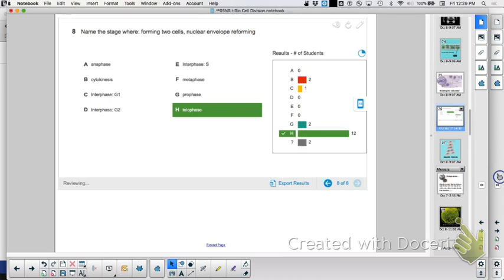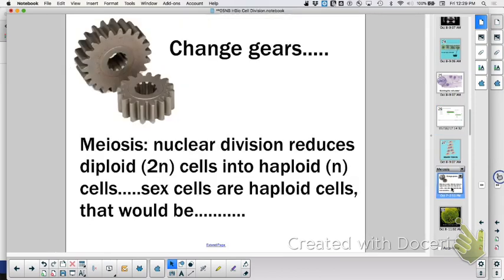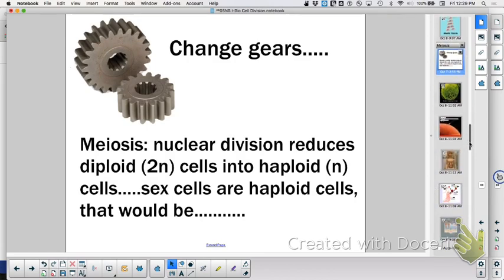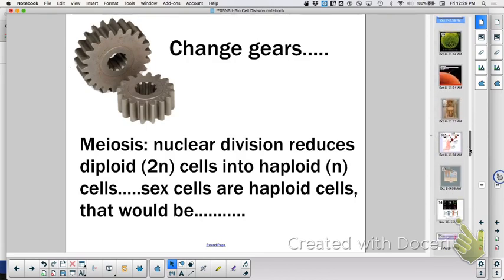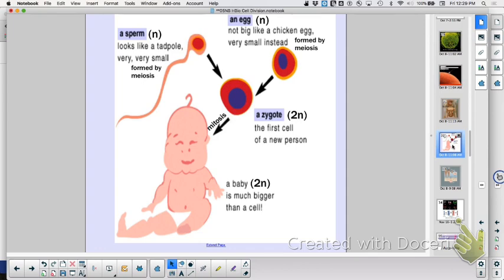Okay. All right, now changing gears, we need to talk about meiosis, and this is where we need to make haploid cells, right? So it is going to be the same in that DNA replicates, but this time we have two divisions.